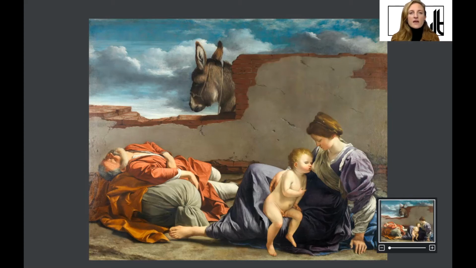Often we think of him as a Roman painter, but he's born in Pisa to a father called Giovanni Battista Lomi, which was his Tuscan surname. He moves to Rome as a teenager, and he takes his mother's surname, Gentileschi, perhaps so that he's not such a foreigner in Rome.